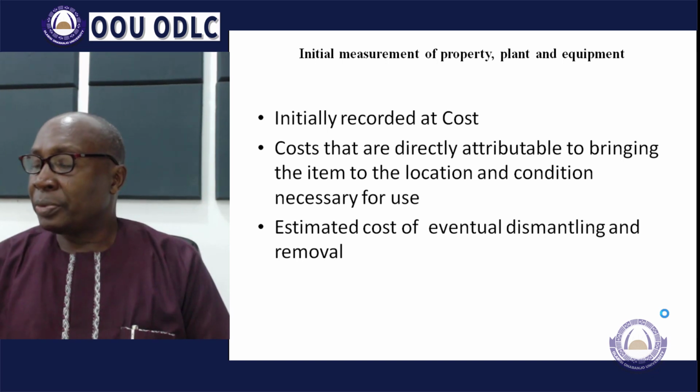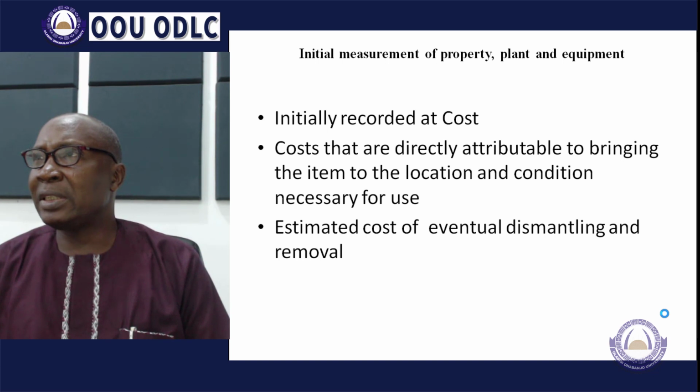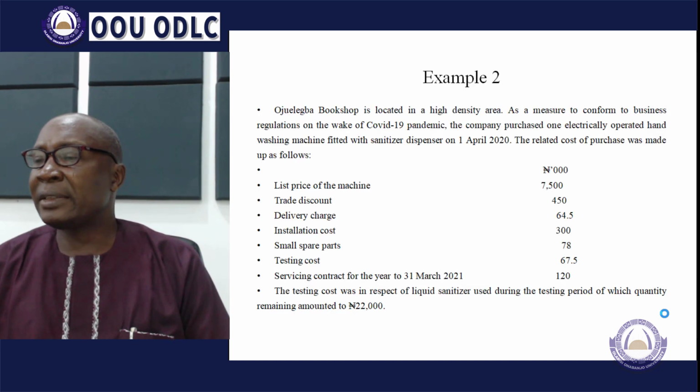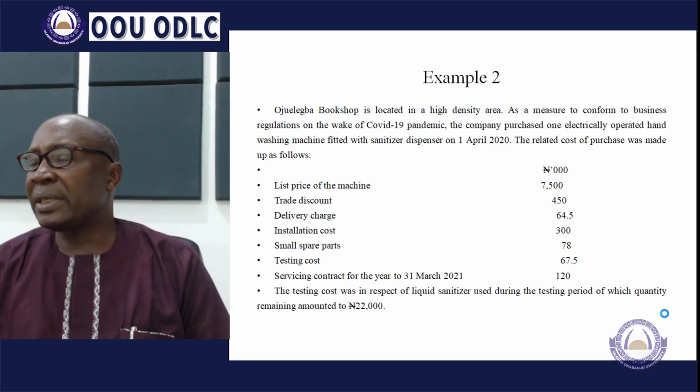The carrying amount. We have been speaking about the carrying amount. The carrying amount is addressed by IAS 16 and is defined as the amount at which an asset is recognized after deducting any accumulated depreciation and accumulated impairment loss. So what are we saying here?